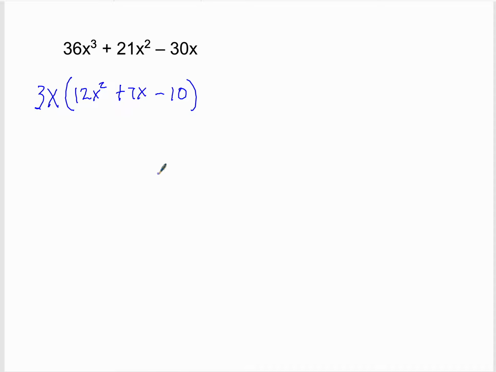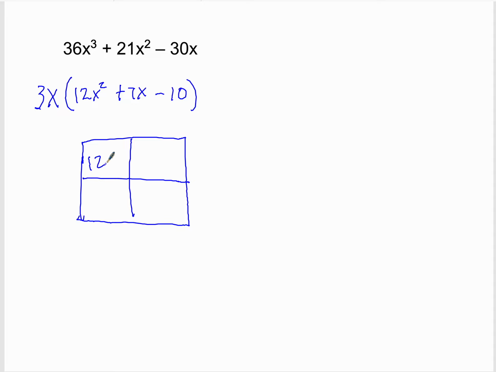Yes. Okay, so then I can do my box method. We're going to get into a little bigger numbers this time, but that's okay. So 12x squared and a minus 10. I need to factor 12 times 10, which is negative 120. That's what I'm factoring. Obviously 1 and 120, 2 and 60, those are all factors, but I've got to get only plus 7 here, so I need factors that are closer together.